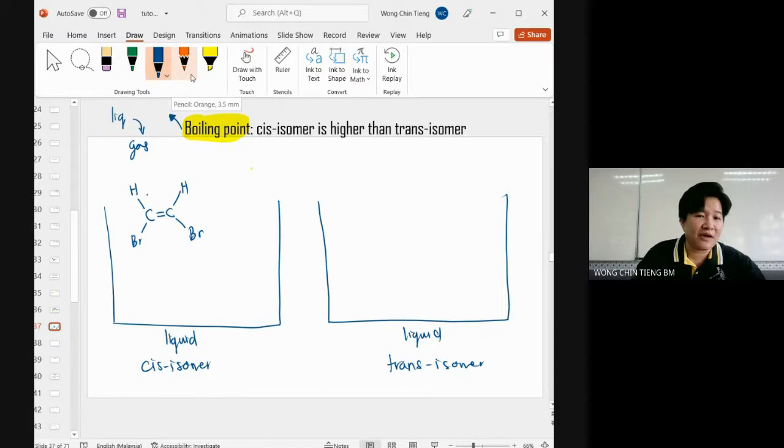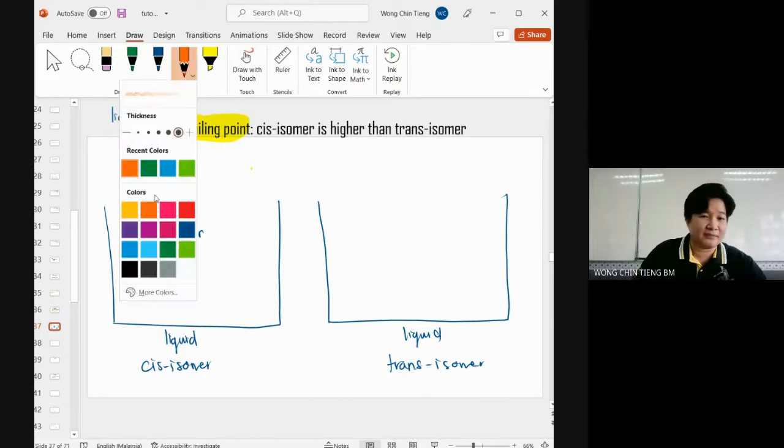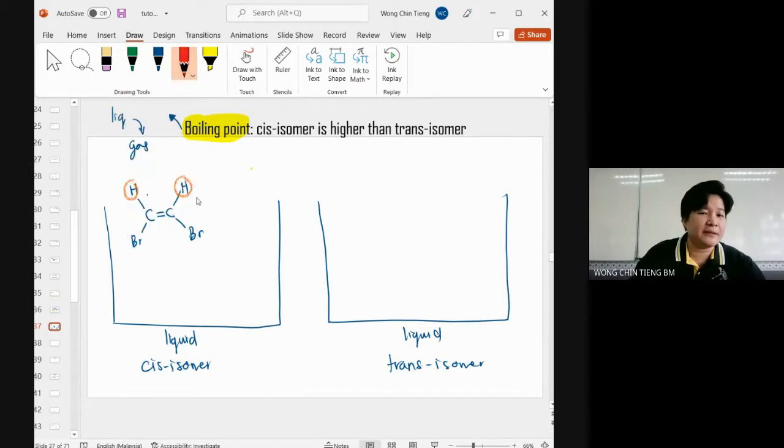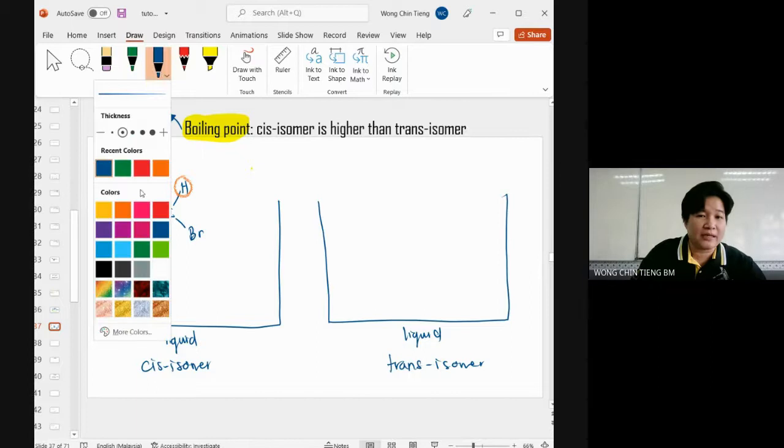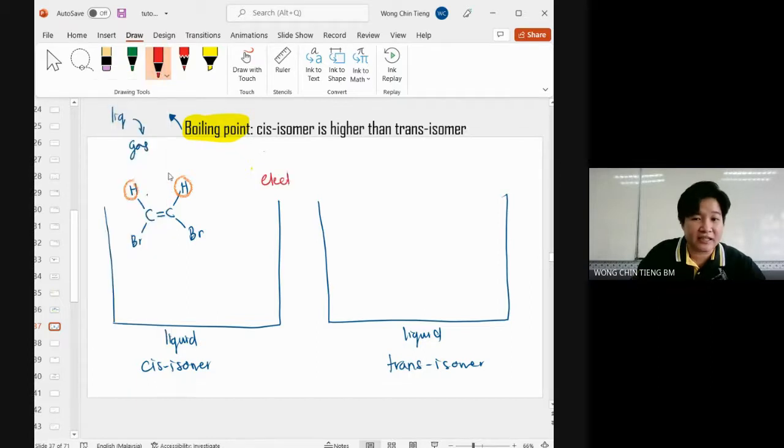And what happen when it's a cis isomer adalah H duduk satu tempat yang sama. Tapi pada masa yang sama, Br duduk satu tempat yang sama. And what we are going to talk about over here is electronegativity.